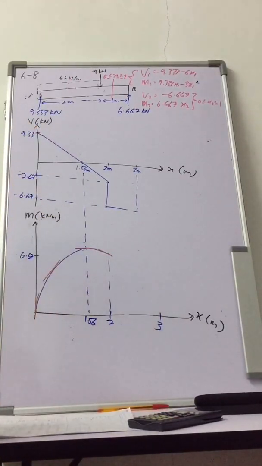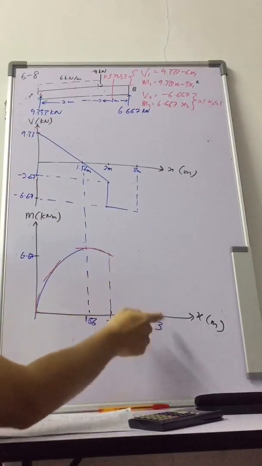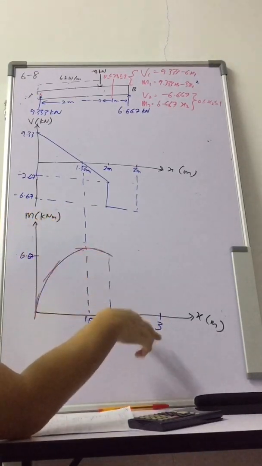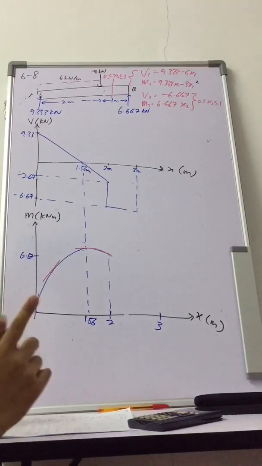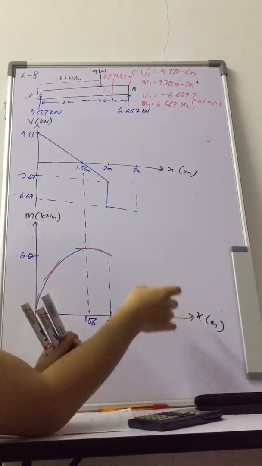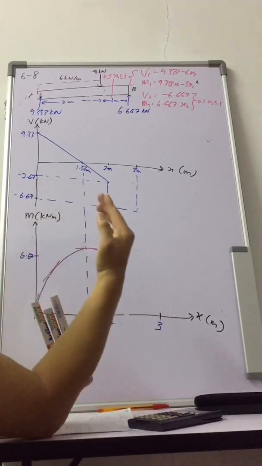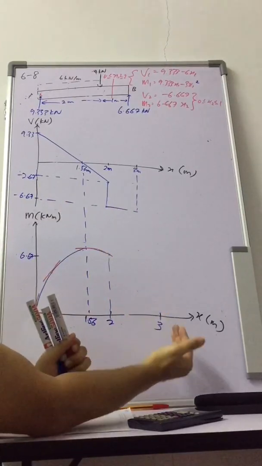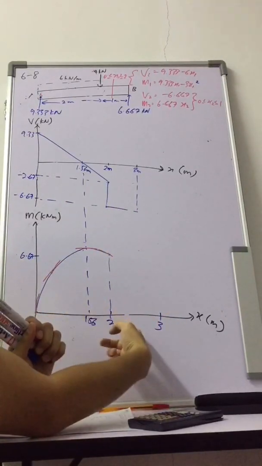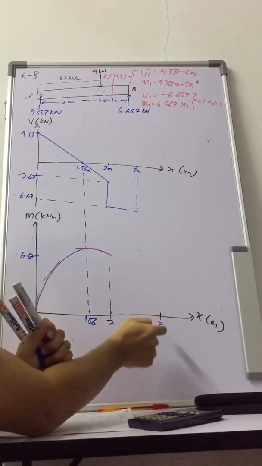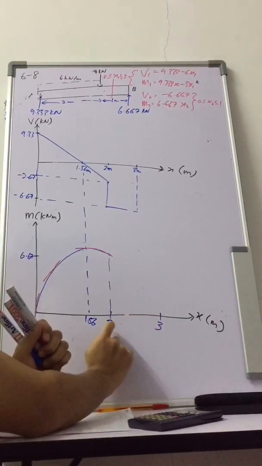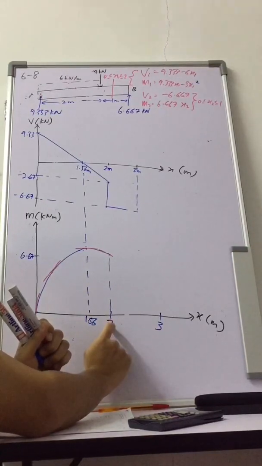And then what happened between 2 and 3? For 2 and 3, we go to M2. M2 equals 6.67 x2. But bear in mind, for x2 we define the range from 0 to 1, but it's from right to left, not left to right. Not x equals 0 here, 1 here. No. It's x2 equals 0 here, and x2 equals 1 here.